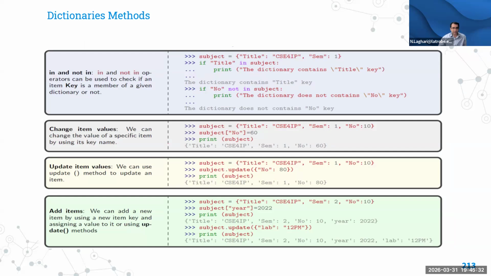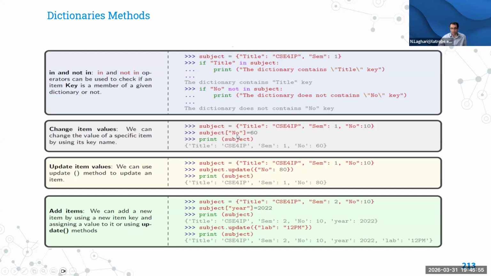And change item value, we can change the value of a specific item by using the key name. So here we have number equals 10, but we want to change it to 60. We say that subject number should be changed to 60. So now it has changed to 60.